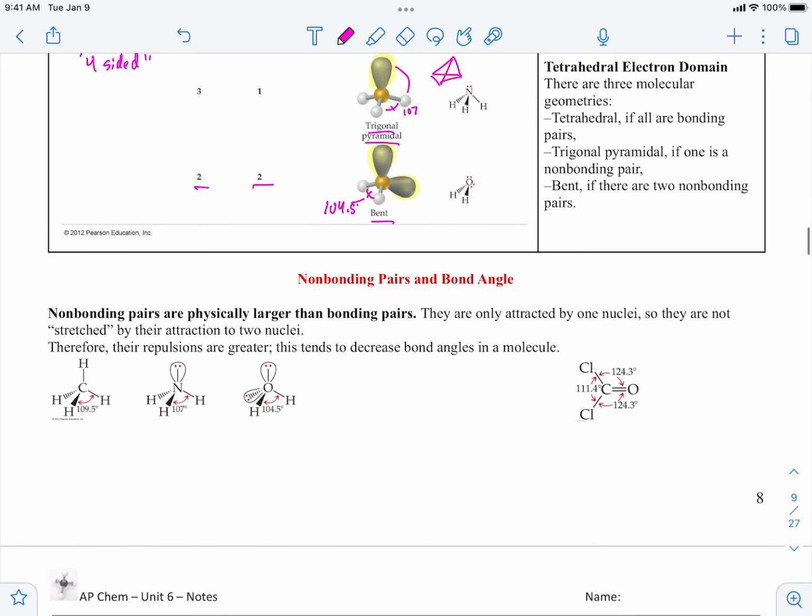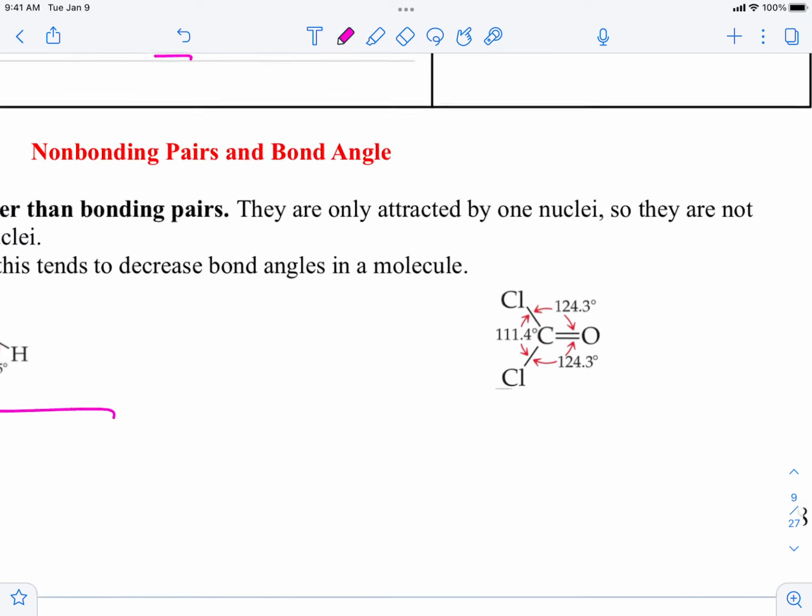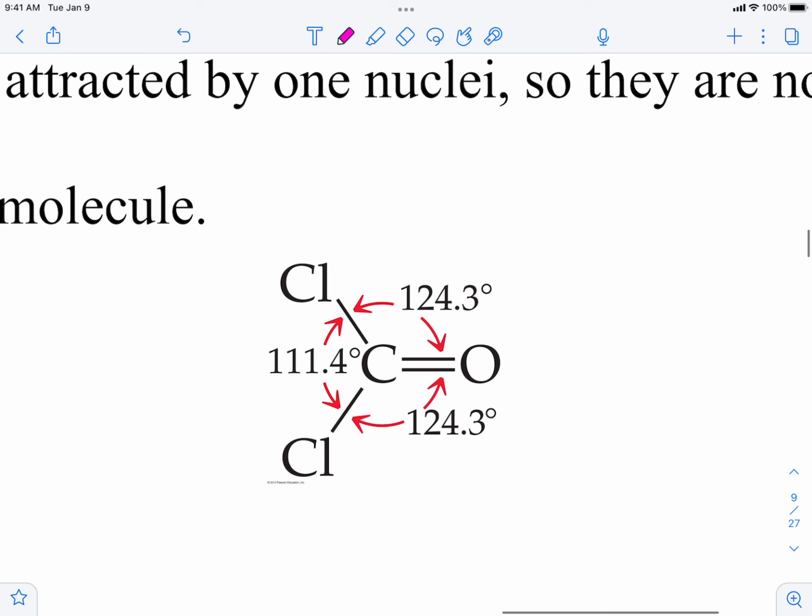Okay. Oh, wait, look. This is what I just talked about. Non-bonding pairs are larger than bonding pairs. Now, additionally, look at this guy. The difference here is that this domain is a double bond, and because you have 2 pairs of electrons in a double bond, they are also wider and will take more space.